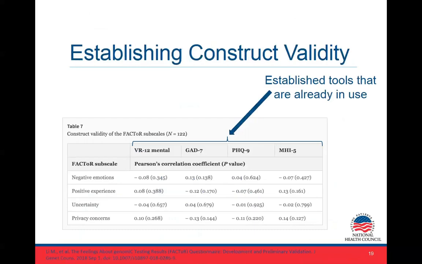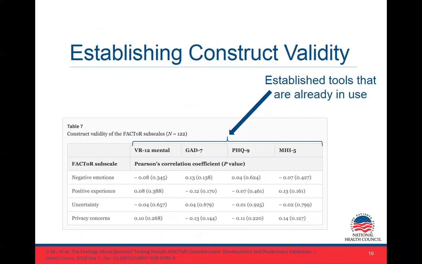So here's an example of establishing construct validity. Across the left-hand column, you'll see that the instrument that was being developed is called the factor, and the factor has subscales: negative emotions, positive emotions, uncertainty, and privacy concerns. Across the top of this table, you'll see 4 instruments.